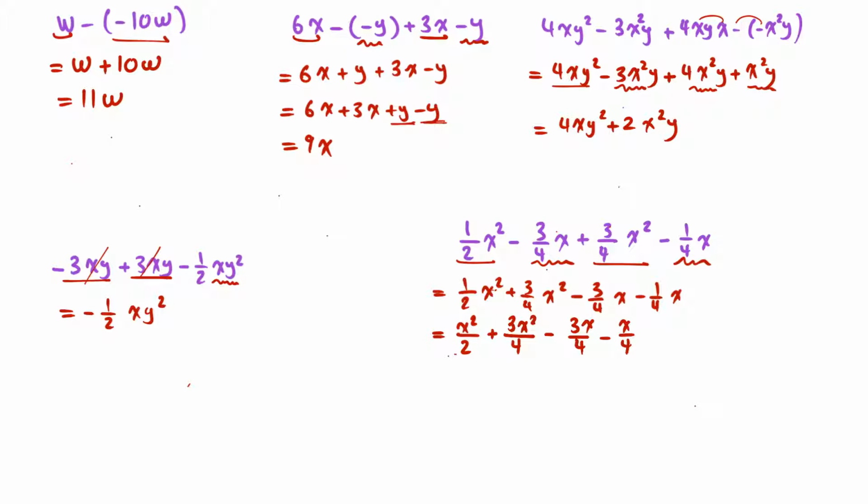Now it's a little bit easier to actually see how I am doing the fractions. I will get a common denominator here of 4. You can see that I would have to multiply 2 by 2 to get 4. So then I have to multiply the numerator by the same value, and here I will get 2x squared plus 3x squared.